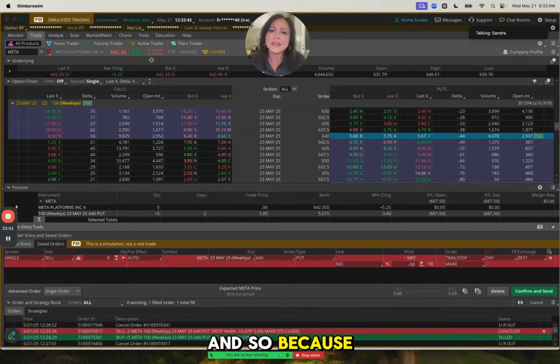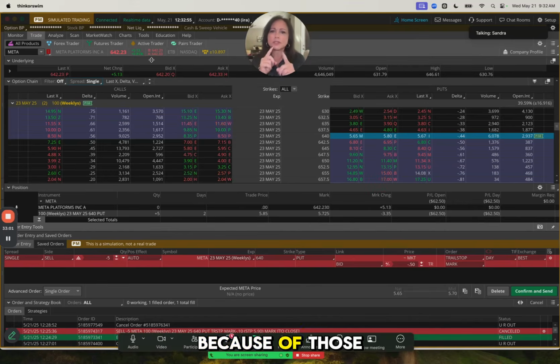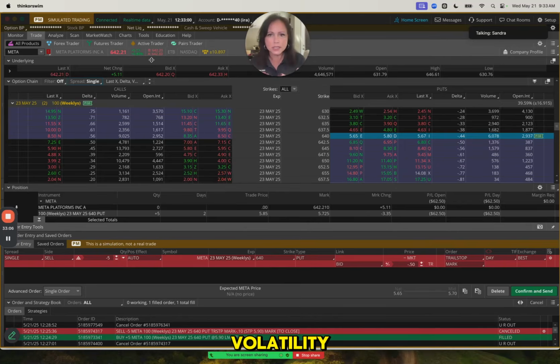And so because of that, we are teaching people about this change that we've noticed. It might be better, if you're doing a spread trade, because of those two legs and the bid and ask widening in the morning volatility, to not have your stop loss on in the morning, but to maybe watch your spread. If it gets to a 50% take profit, you could program that in, but not a 50% stop loss. You may want to identify that.